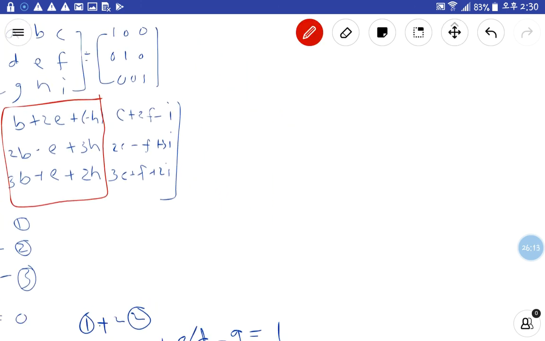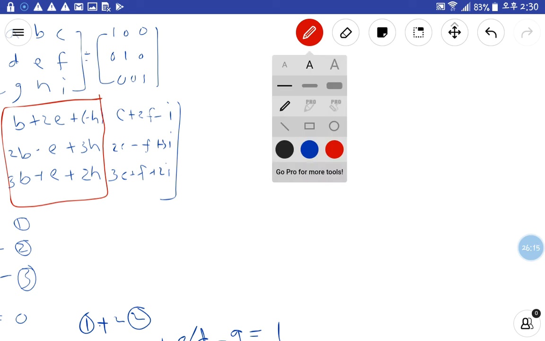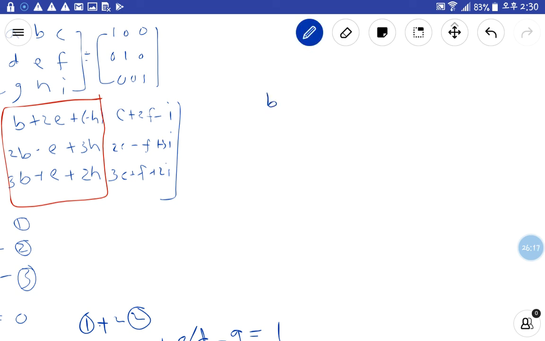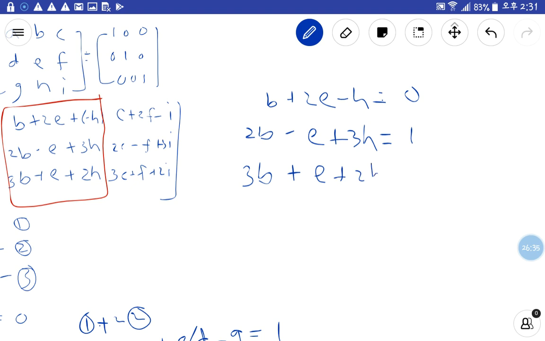B plus 2E minus H should be the same as 0. 2B minus E plus 3H equal 1. 3B plus E plus 2H equal 0. Now, I'm going to label as 1, 2, 3, same as before.